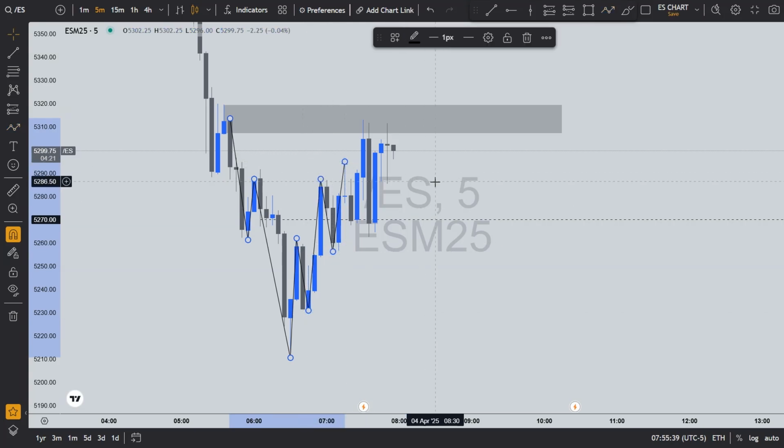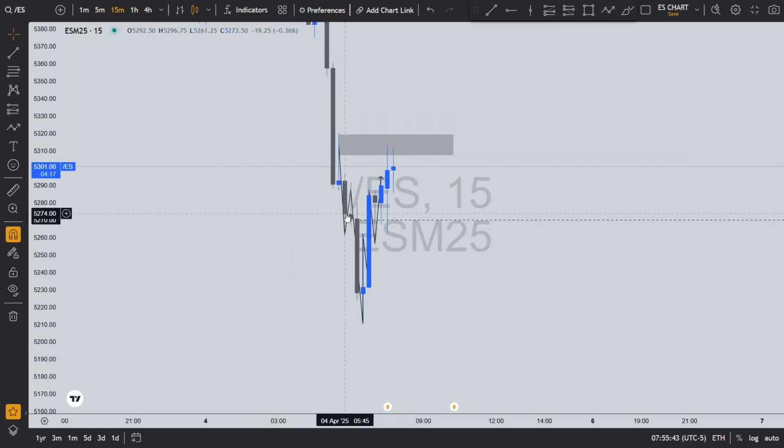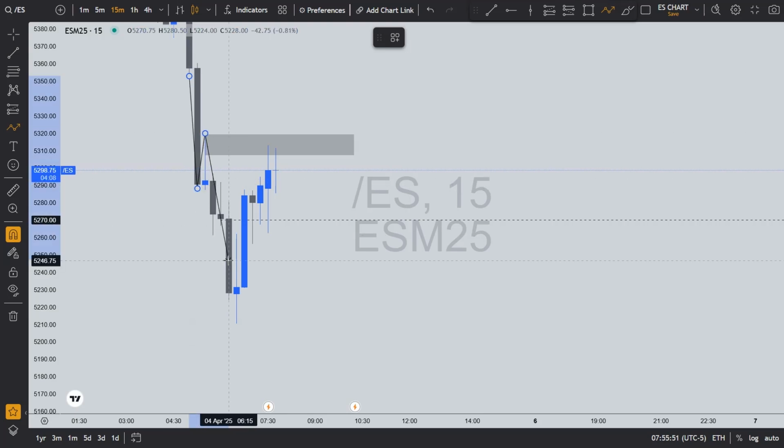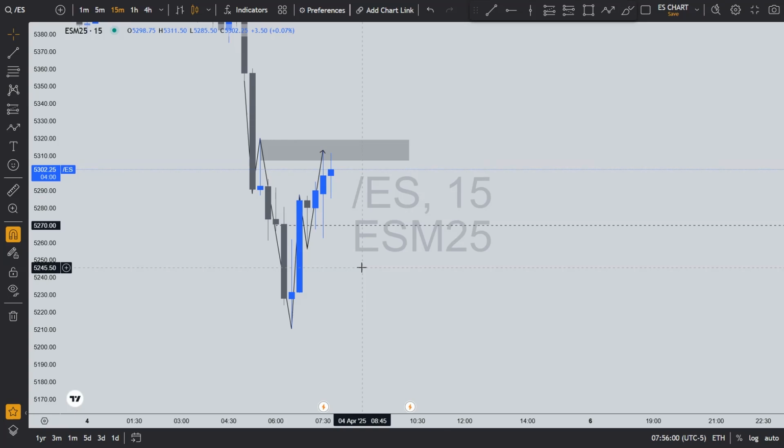Since it was flipping bullish on the 5 minute, and then on the 15 minute it flipped bullish as well, at least for the way that I look at market structure. So this is how I look at it. Price made a lower high, a higher low, and then it broke to the upside. So the uptrend isn't confirmed, but it did break structure to the upside.